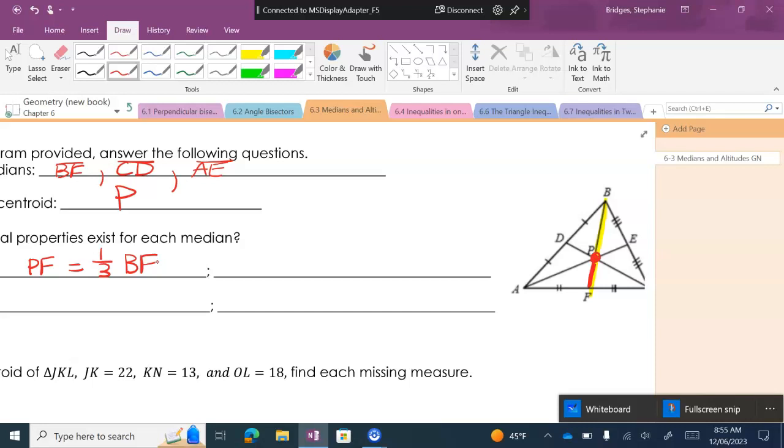Then the segment BP is 2 times the length of segment PF. Does everybody see BP from the vertex to the centroid? That is twice the length of that smaller part. So far, so good?